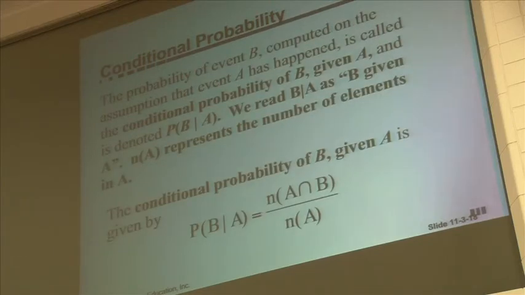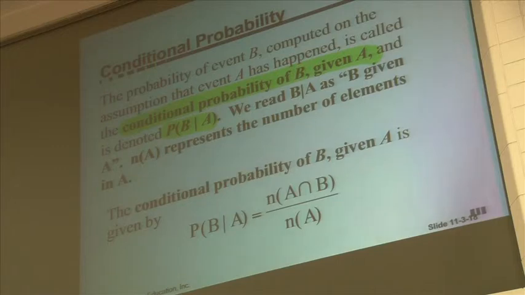The probability of our event B, computed on the assumption that another event has already happened, is the conditional probability of B given event A already happened. Mathematically, you write it like so, and you read that: B given, so vertical line, given A has happened. Okay?